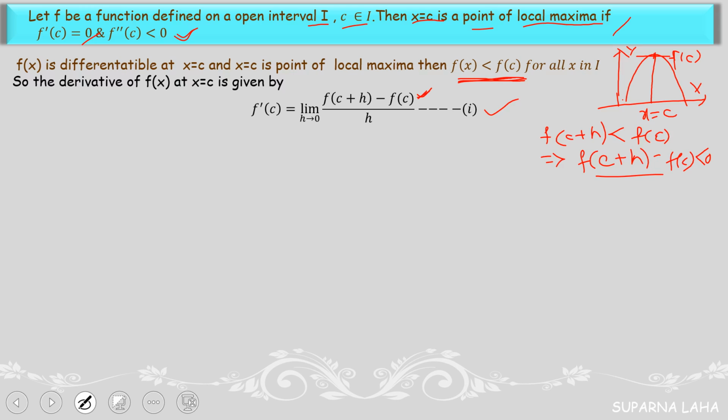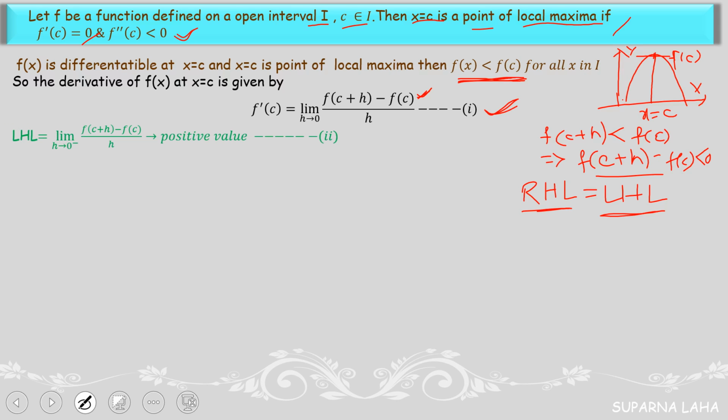Now if this limit exists, then the right hand limit and left hand limit will be equal, that means limit h tends to 0 minus and limit h tends to 0 plus both exist and they are equal. So what is the left hand limit?